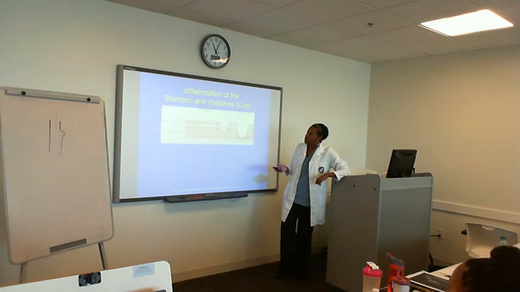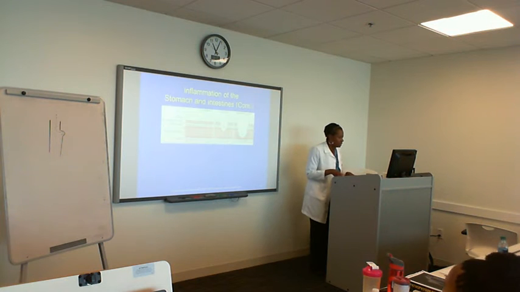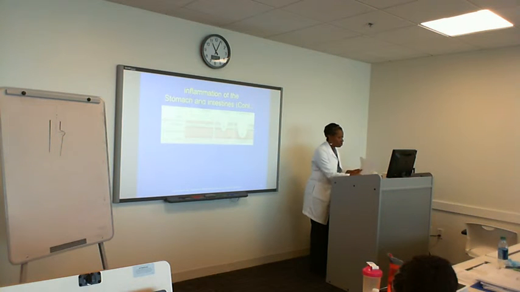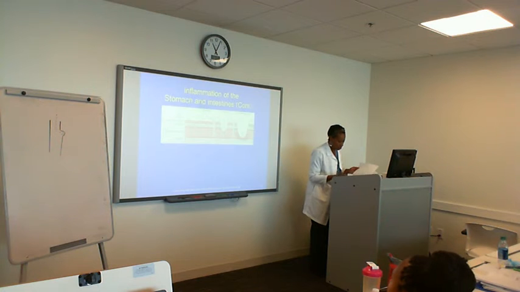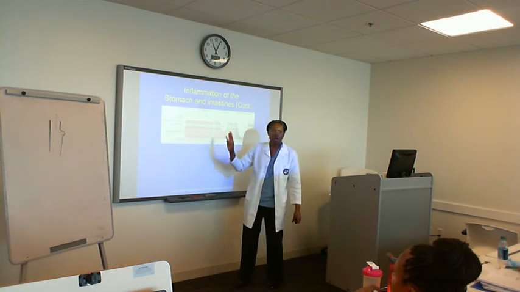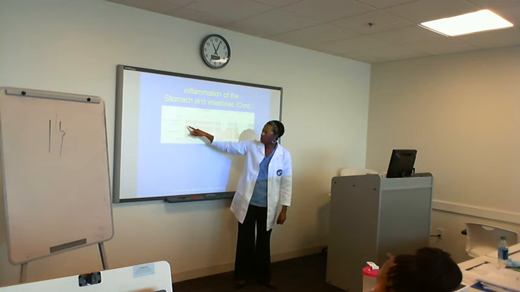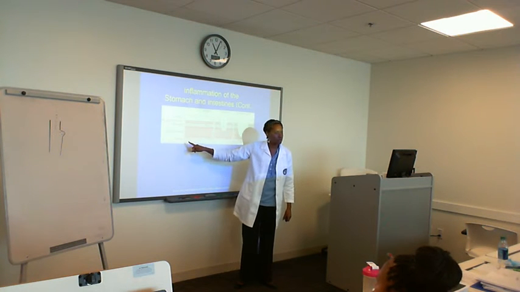So, here we go. With these ulcers, as you know, the GI wall has 4 layers. You have your mucosa, submucosa, muscularis, and the serosa layer.